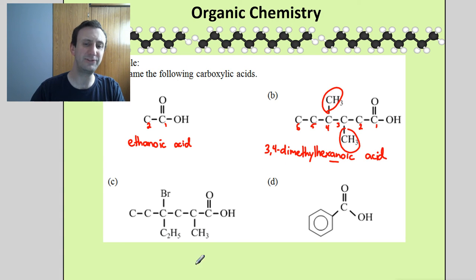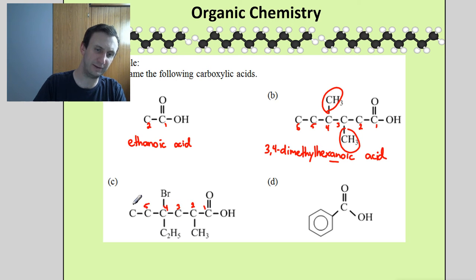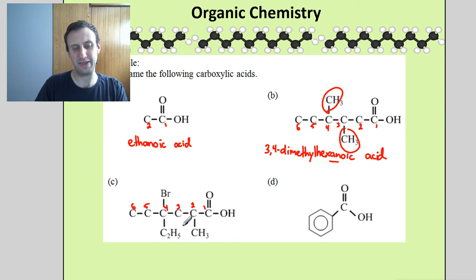All right, why don't you try out C and see how that goes? D is a weird one, but C, give it a try in your workbook and see if you have any success. So when I number this, it's going to be 1, 2, 3, 4, 5, and 6. So I have a hexanoic acid parent name. And then I have an ethyl group, a bromo group, and a methyl group. The real thing about this is just making sure we get them in alphabetical order.